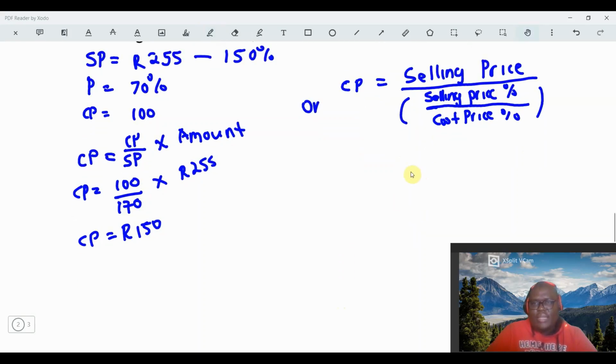And then from here, you know that the selling price is 255. So you put that 255 at the top, 255 over, remember those percentages, 170 for the selling price, and then we know that the cost price is 100%, over 100. Then you will get your cost price.